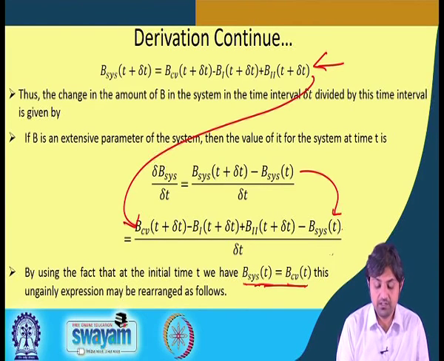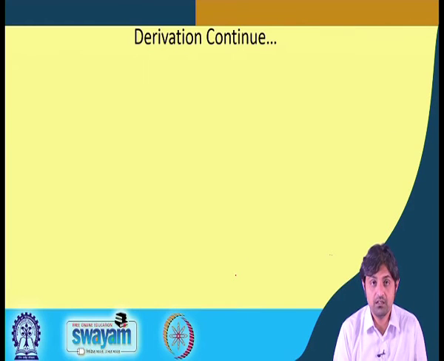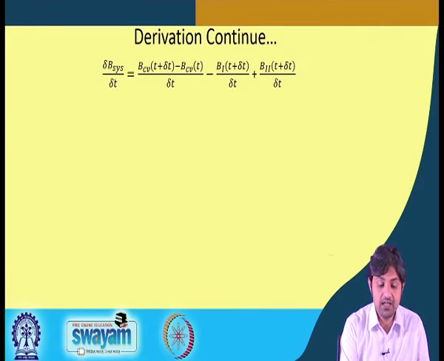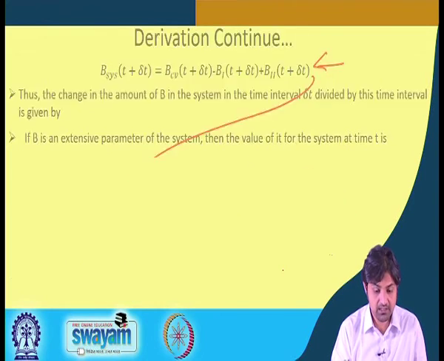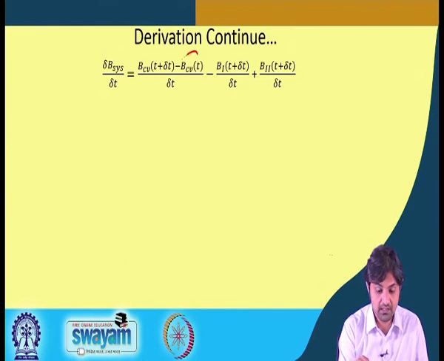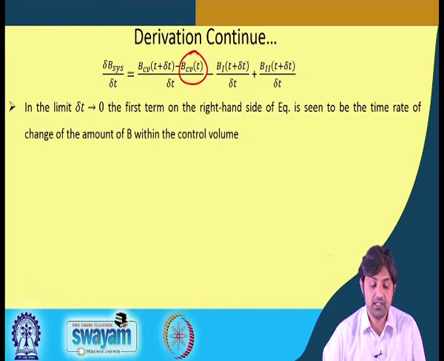We can rearrange this. How? We see in the next slide. So delta B system by delta t became B CV at t plus delta t minus B CV at t, divided by delta t, minus B1 at t plus delta t divided by delta t plus B2 at t plus delta t divided by delta t.